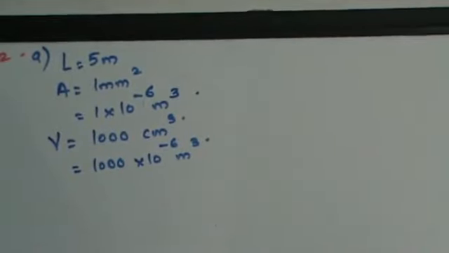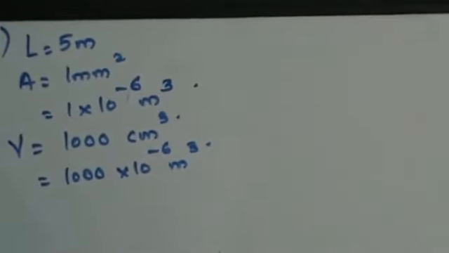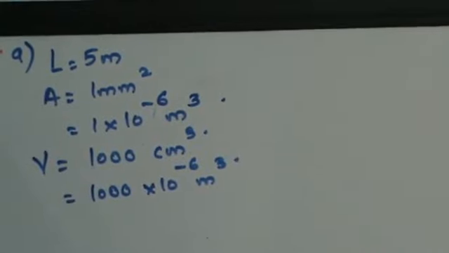A brass wire of length 5 meters and cross sectional area 1 millimeter square is hung from a rigid support with the brass weight of volume 1000 centimeter cube hanging from the other end.